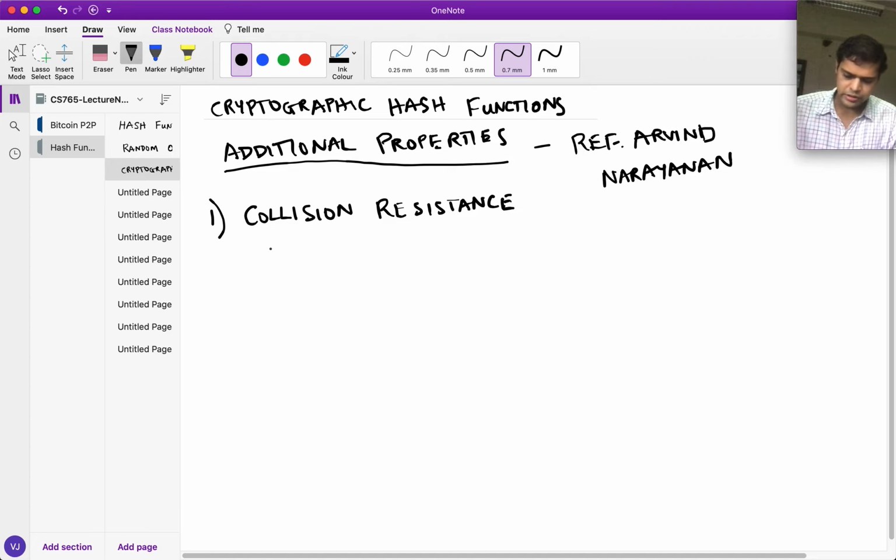So what is collision resistance? Let me write that out.